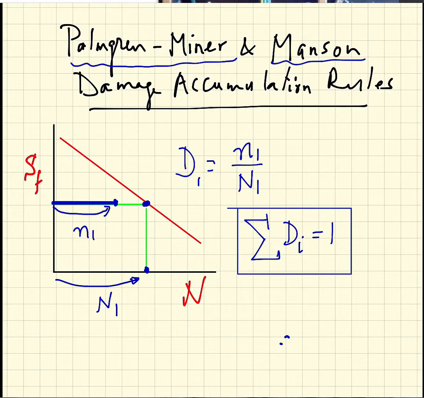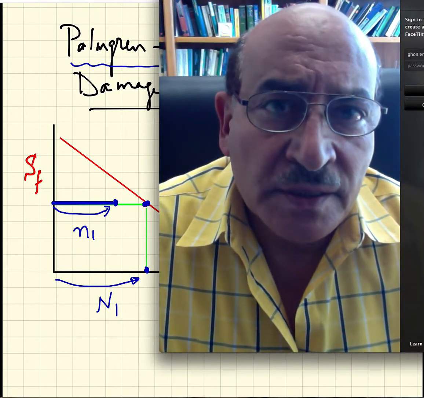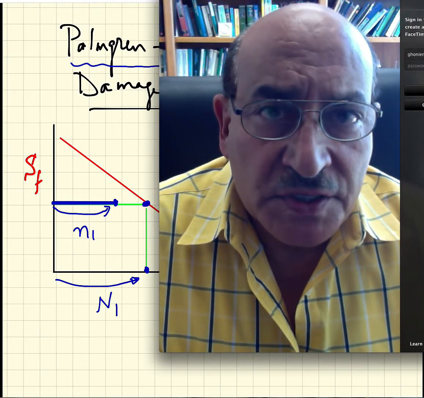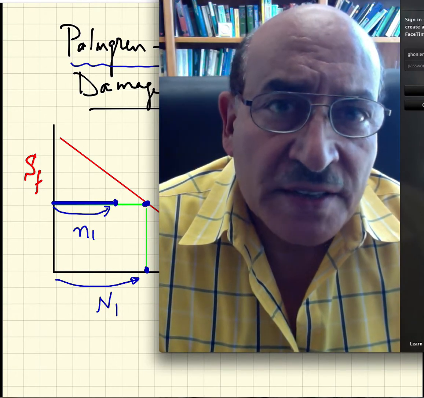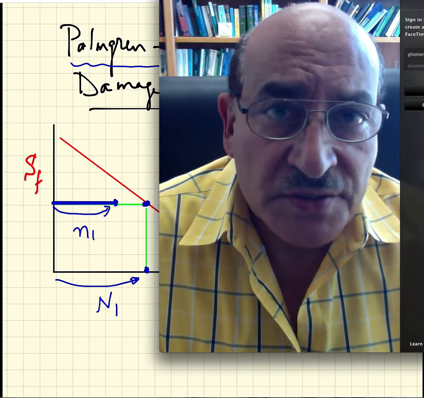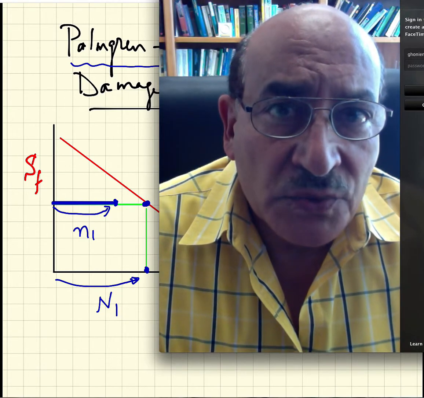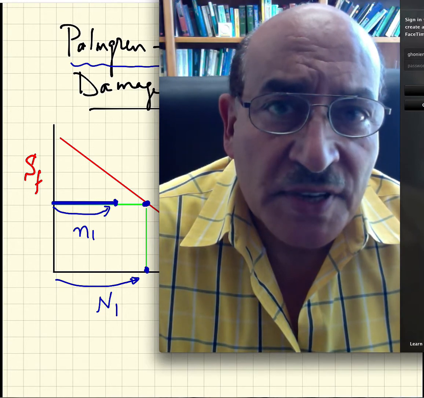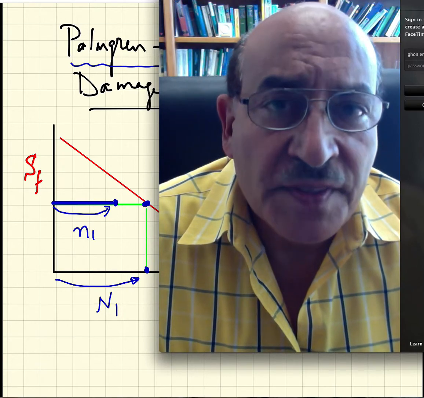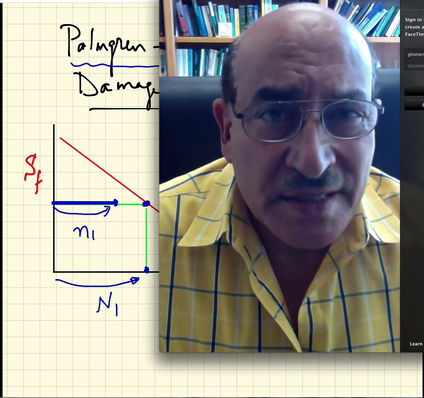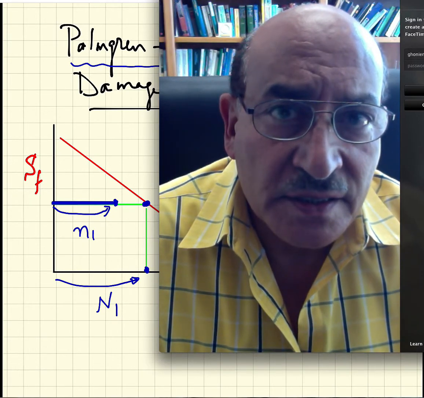So the idea is very simple. If we have a completely reversed loading, fully reversed cyclic stress without any mean stress, and it's only one component of stress, we don't have multi-axial loading, then in this case we can compute the total number of cycles to failure. Let's say 10,000 cycles if we are considering a high cycle fatigue situation.